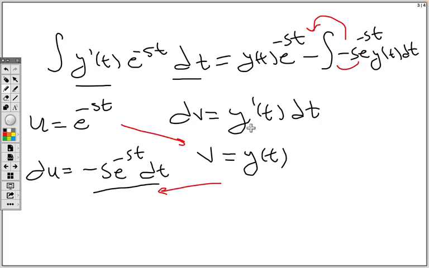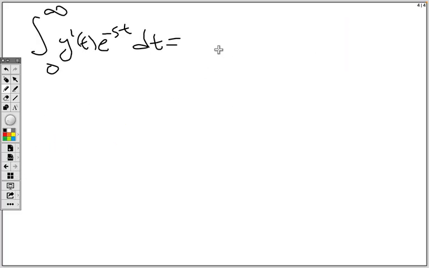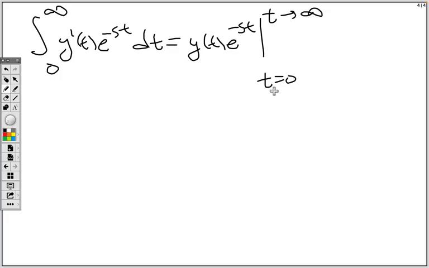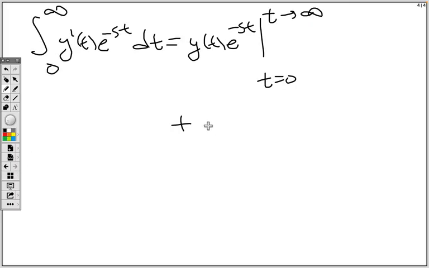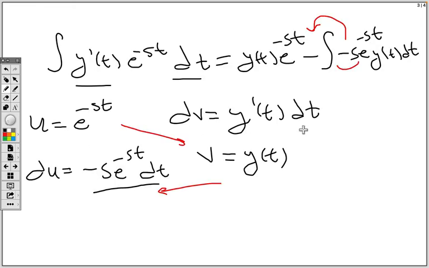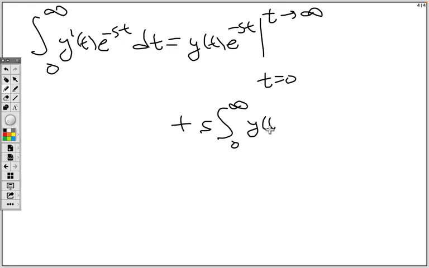That's going to be y of t e to the minus st from t equals 0, and then as t goes off to infinity, plus, and now I can bring that s out front, s times the integral from 0 to infinity, and then I'll write this as y of t e to the minus st dt. Okay.